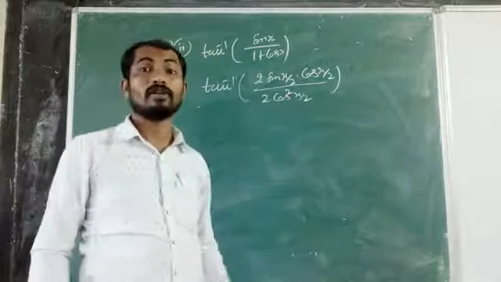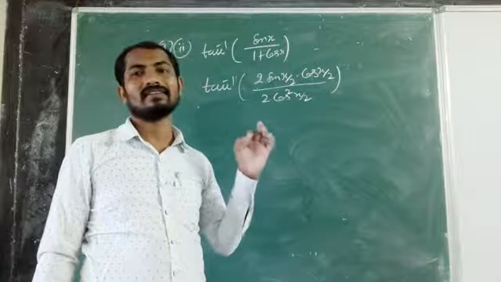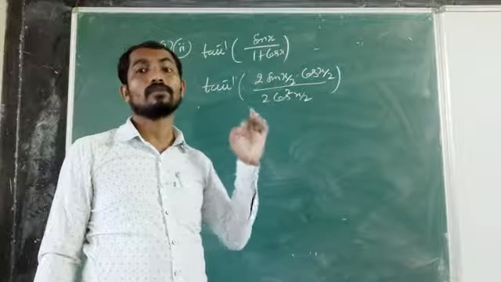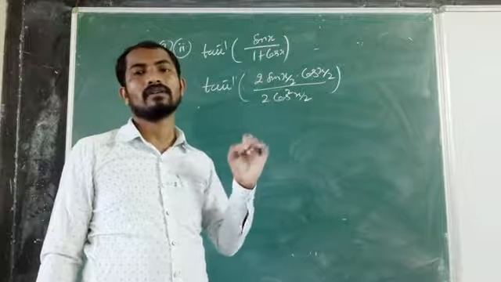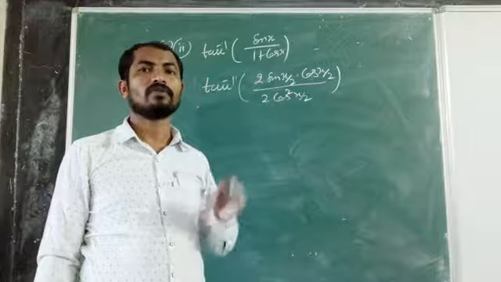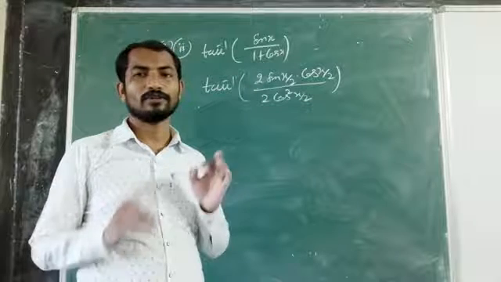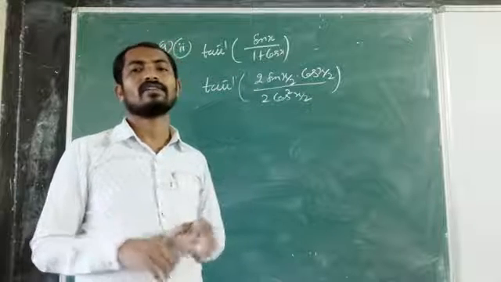I think you came to know you must learn, or else you must memorize, the 11th class formulas. All the formulas of trigonometry you have to memorize. Then only you can do differentiation, otherwise integration.